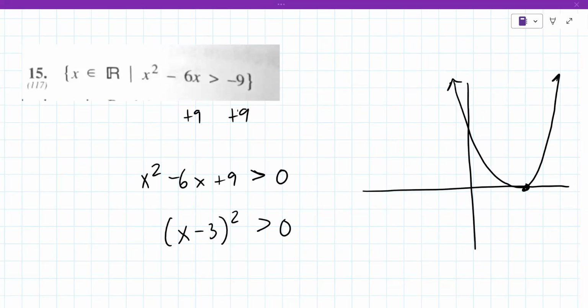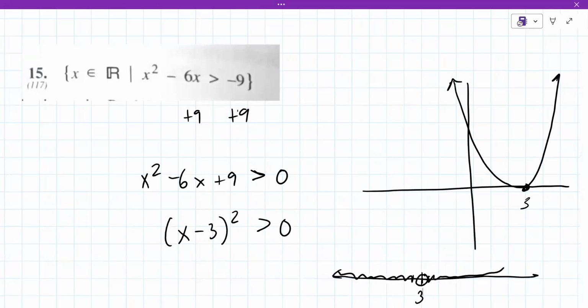But when it comes to the number line, the only place it's 0 is at 3. Everywhere else it is greater than 0. So like you said, you go to a number line and you say, okay, that's 3, but everywhere else it's positive.